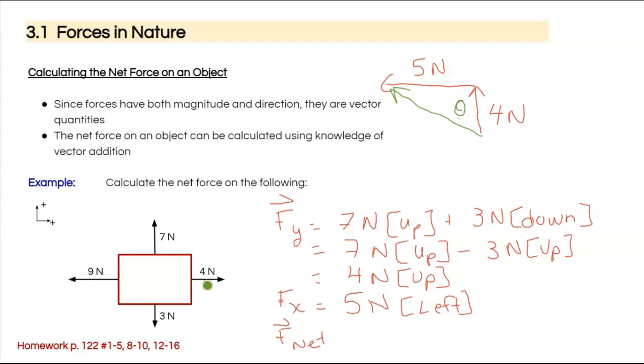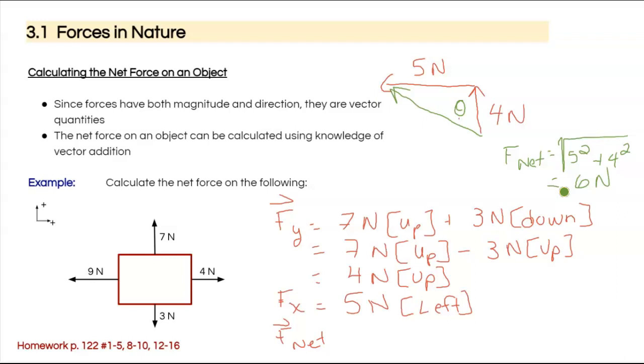And so using Pythagorean theorem, I know that my net force is going to be the square root of 5 squared plus 4 squared, which is approximately, well, I only have one significant digit here, so I'm going to say 6 newtons. So my net force is 6 newtons.